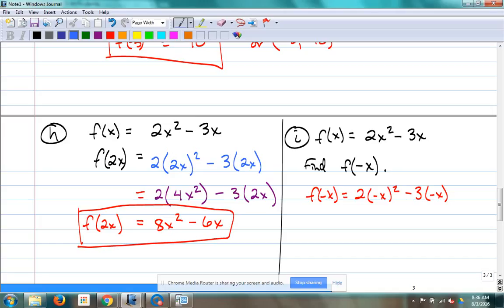So it just turns into 2 times x squared, which is just 2x squared. And then we have negative 3 times a negative x, which would give us positive 3x. And then there's our function value for f of negative x. You can't simplify that. They're not like terms. One of them's x squared, one of them's just plain x. You have to be careful about that sort of thing.